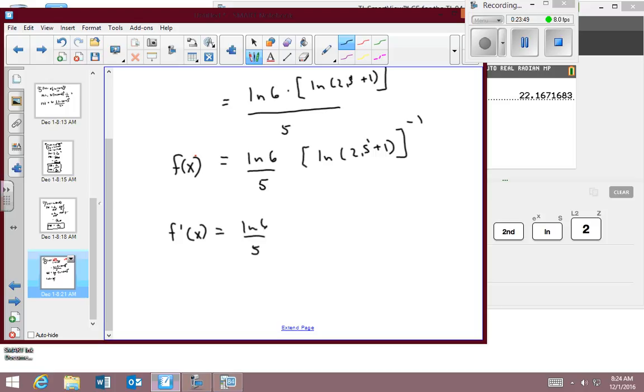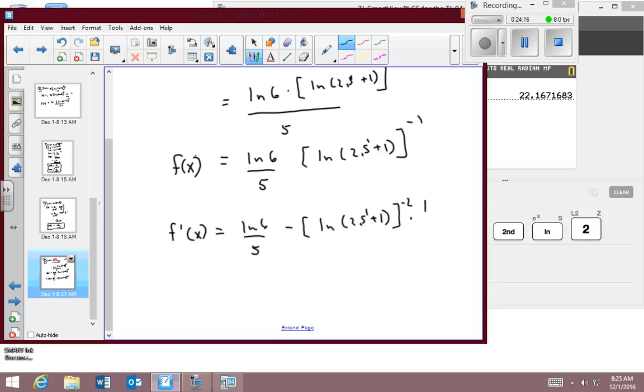Now we're going to take the derivative, and the first thing you've got to do is do the square bracket. So we're going to go minus ln of 2s plus 1 to the minus 2. And then you have to do the derivative of what's inside.